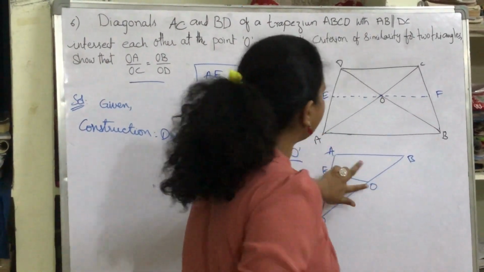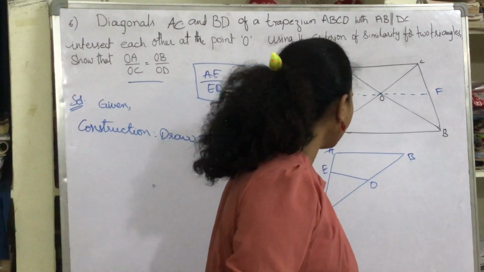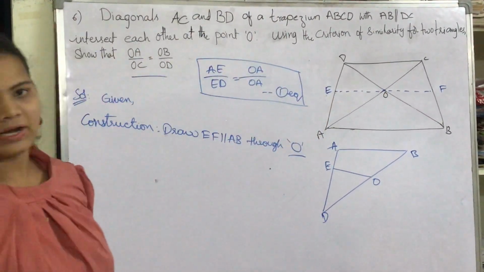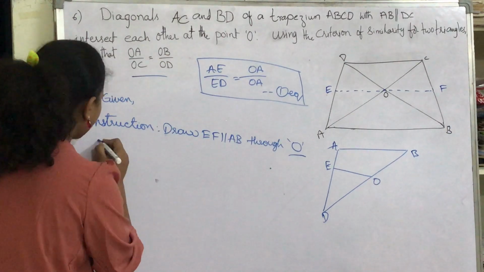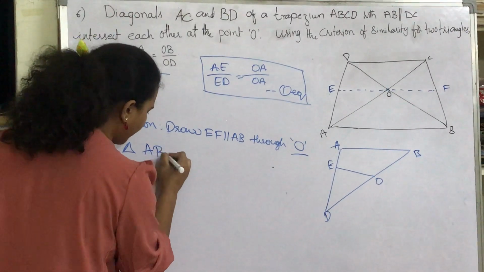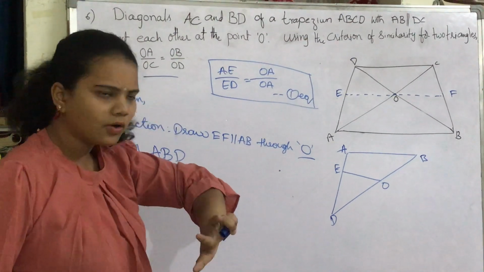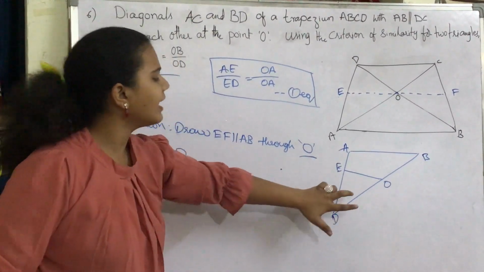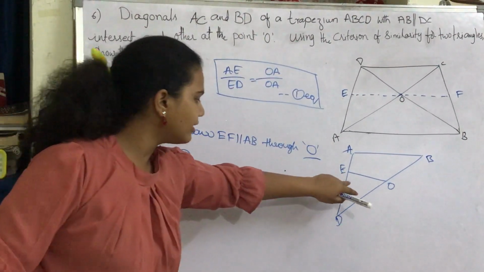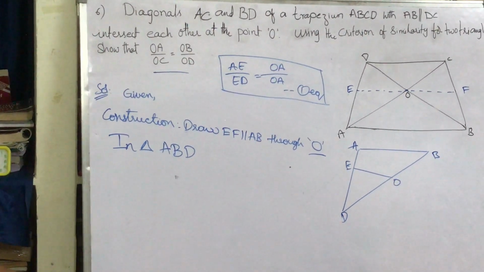I have taken this triangle ABD and drawn it over here, where EO is parallel to AB. Now in triangle ABD, where EO is parallel to AB, if a line drawn in a triangle is parallel to the third side, the other two sides are divided in the same ratio.